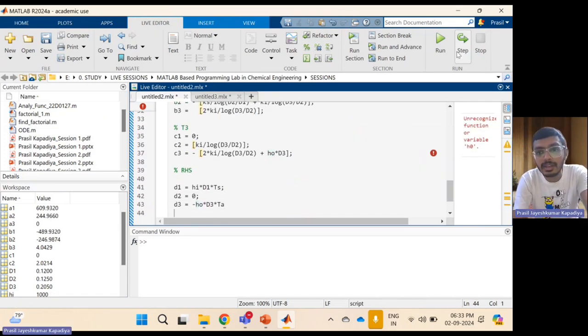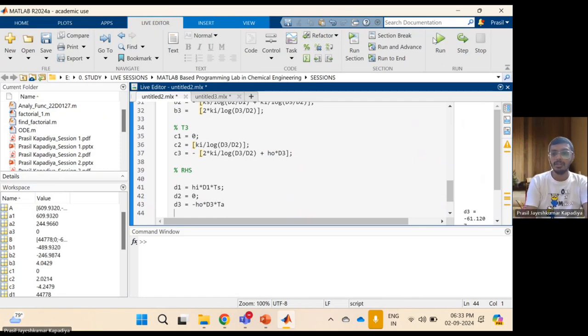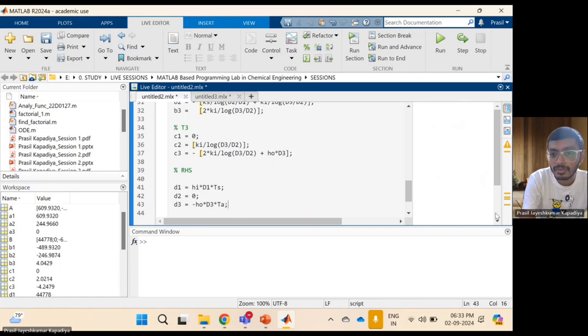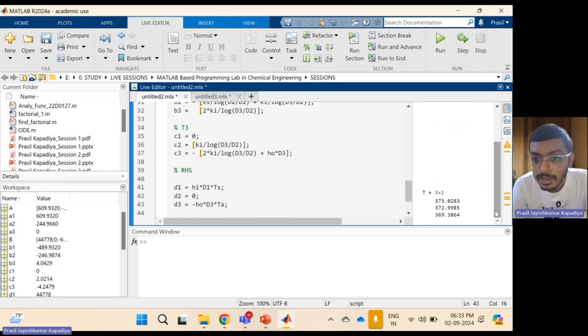Let's check it here. Yeah, it's correct. Now let's rerun it. So see, I have T1, T2 and T3. T1 is 373. T2 is 373. Similarly T3 is 369. Not a huge gap.